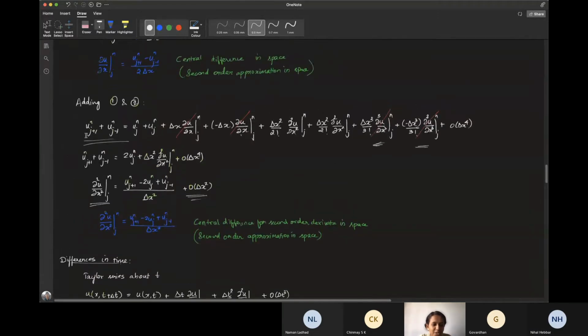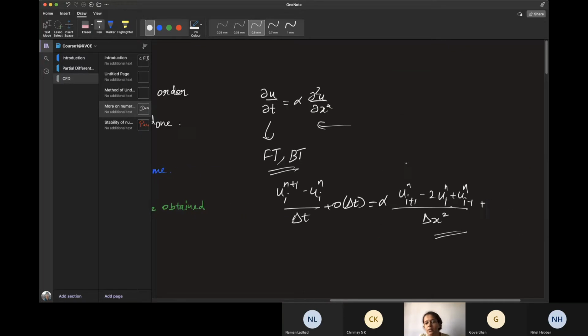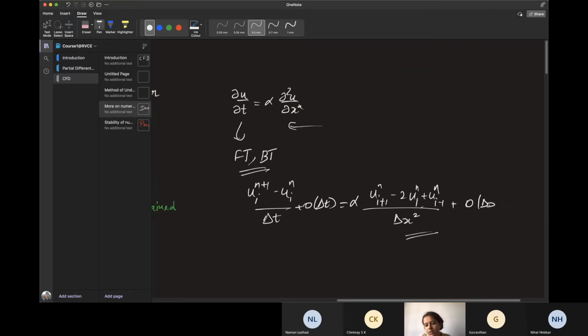When you do this u_(j+1) plus u_(j-1), your dou cube terms will have different signs, so they'll go off. The next term will be of order delta x to the power 4, and since you're dividing by delta x squared, this will become order delta x squared in the final expression. So this thing has second order accuracy.